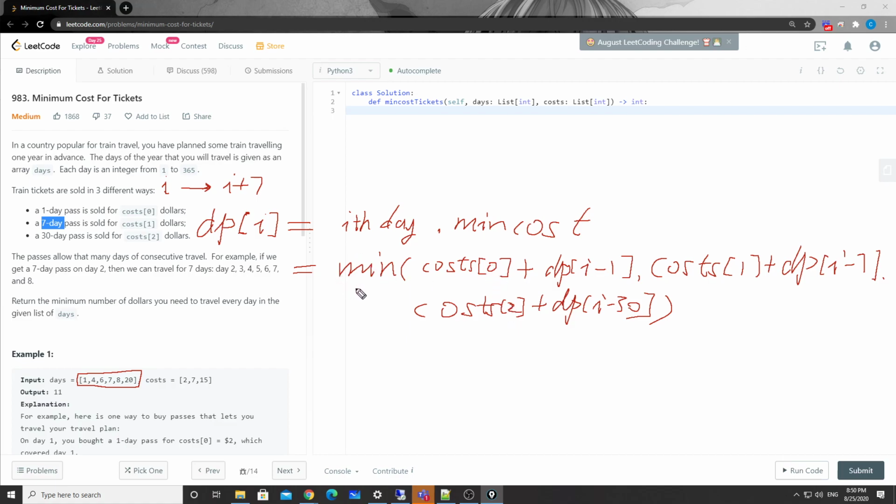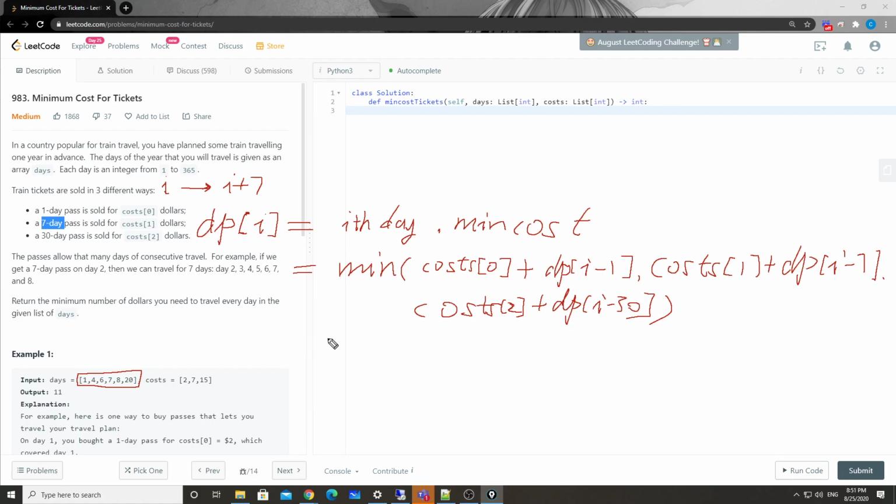But if we only use this one function, we will not get the correct answer. Why is that? Because this assumes that we travel on each day. But the problem is asking for the minimum cost to only travel on these specific days.